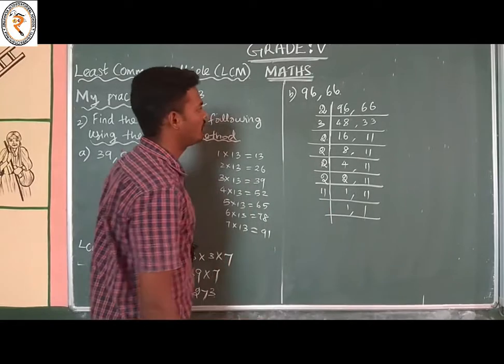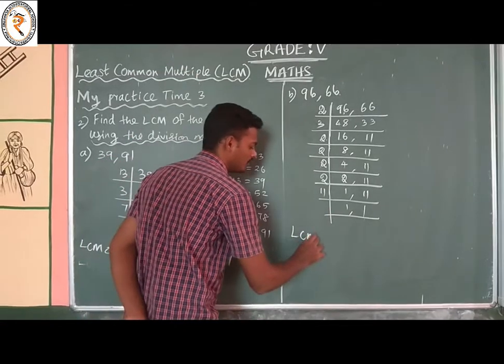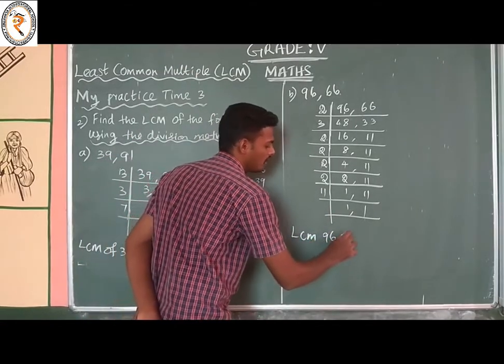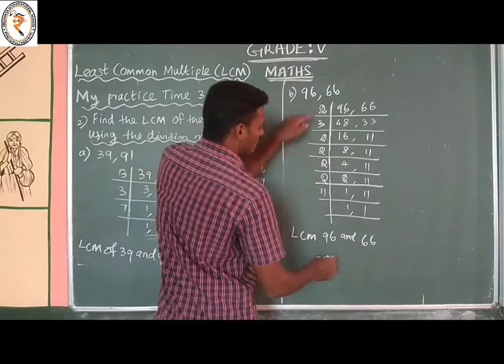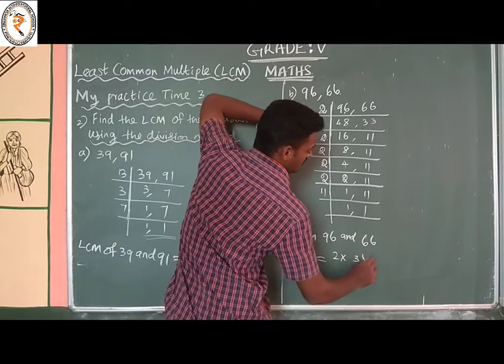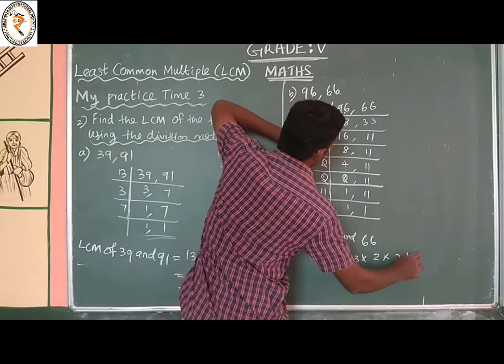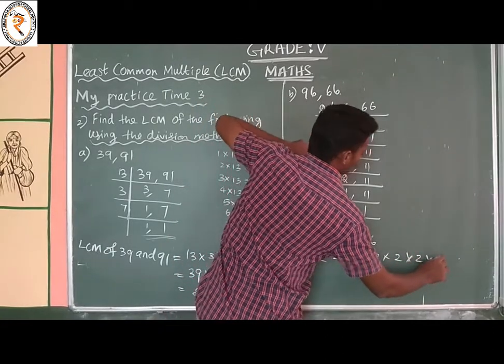So our final answer, LCM of 96 and 66 is equal to 2 into 3 into 2 into 2 into 2 into 2.